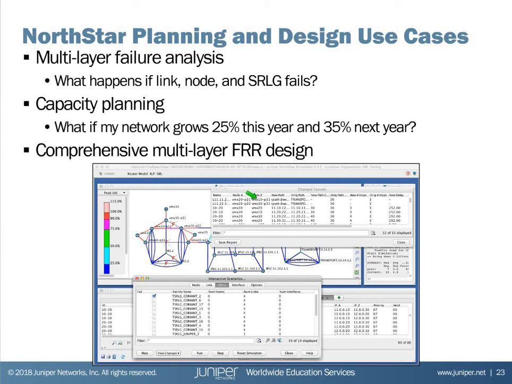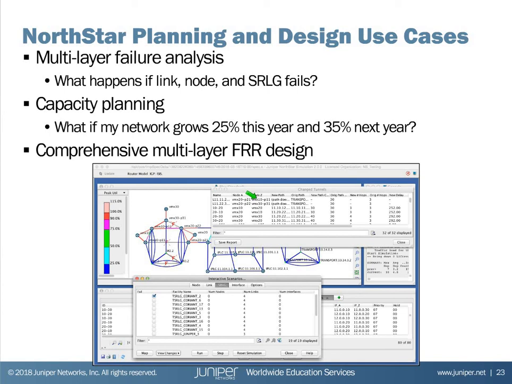How would the label switch paths be affected? Would all the label switch paths be able to still function? How would they be re-signaled on the network? Would that cause any links to be oversubscribed? Would that increase delay at certain points in our network to where we're no longer meeting our customer service level agreements? And what would happen if we added a new link here, added a new node, changed a routing metric? How would that affect my network?